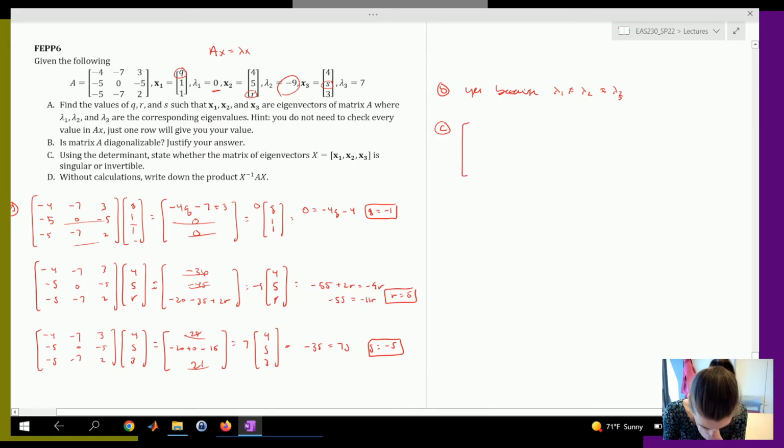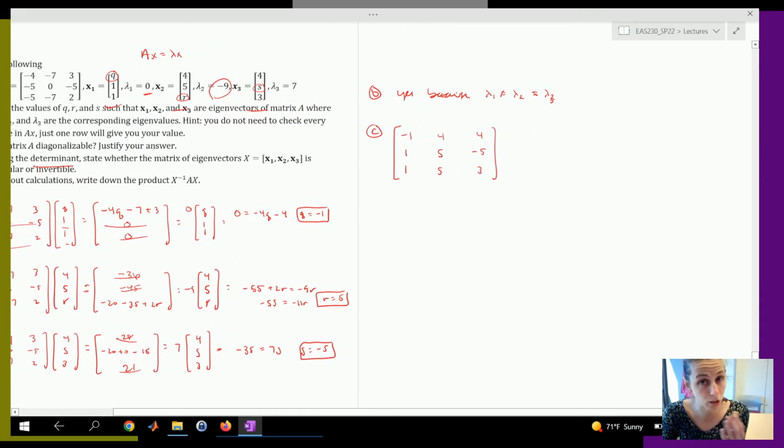C, use the determinant, state whether the matrix of eigenvectors is singular or invertible. Your eigenvector matrix is going to be these vectors. So it would be negative 1, 1, 1 in your first column, 4, 5, 5 in your second column, and then 4, negative 5, and 3 in your third column. It says use the determinant, so you can calculate it however you want. For this one, I'll use the modified fish method.